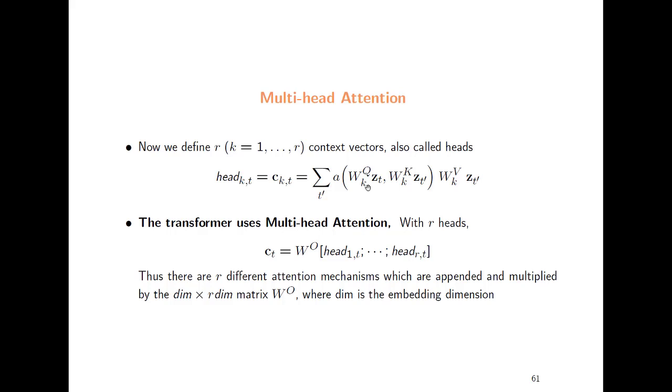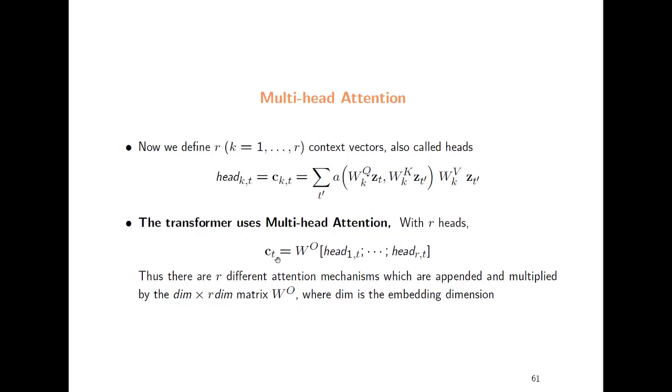Then the overall context vector is obtained by first concatenating all these heads, and then we apply another transformation matrix to give us the final context vector.